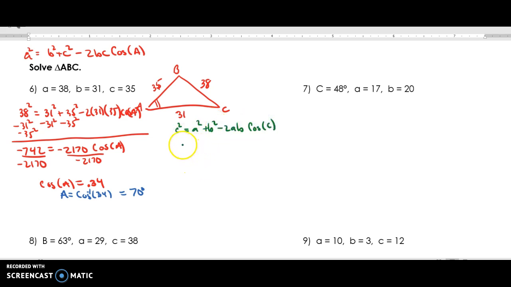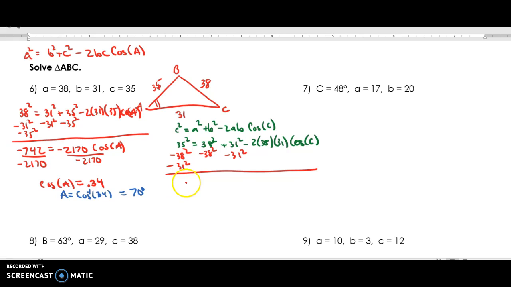So I plug everything in here. 35 squared equals 38 squared plus 31 squared minus 2 times 38 times 31 times the cosine of angle C. So again, same thing. We're going to subtract the 38 squared. We're going to subtract the 31 squared.